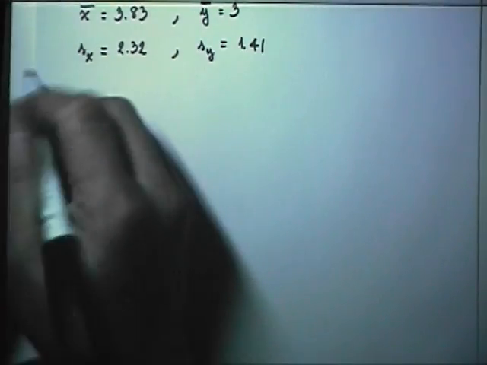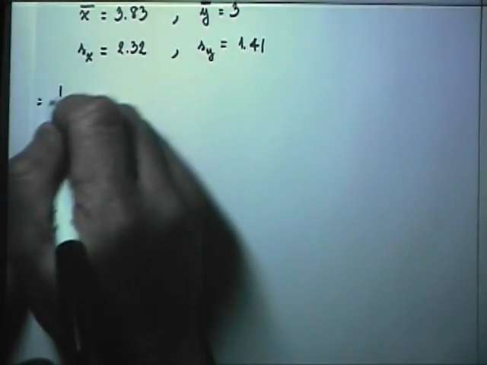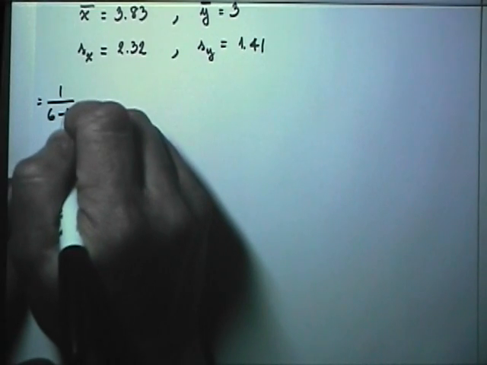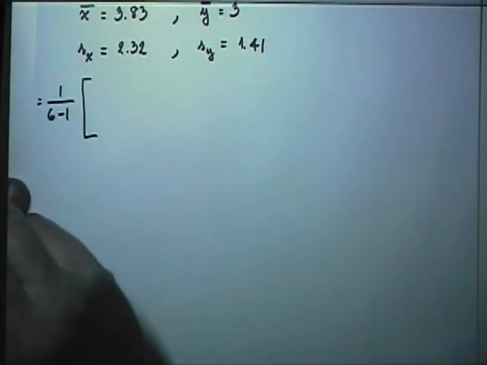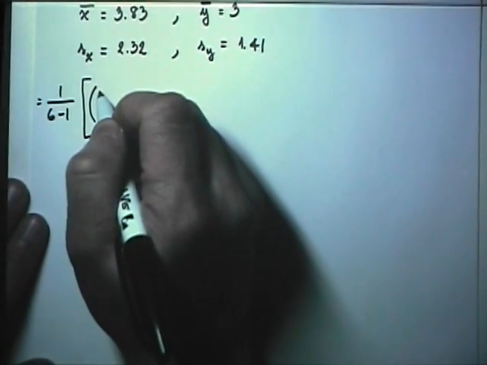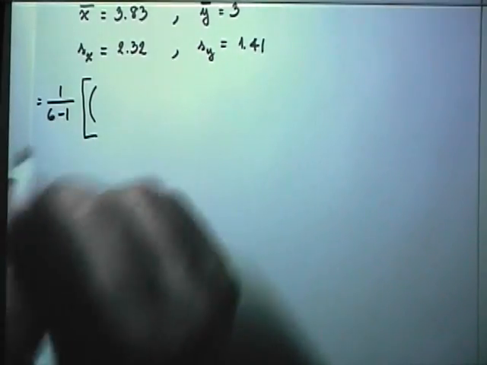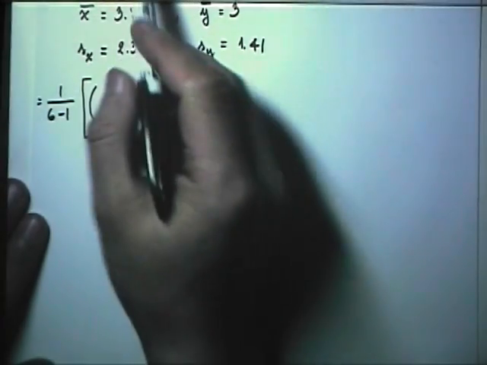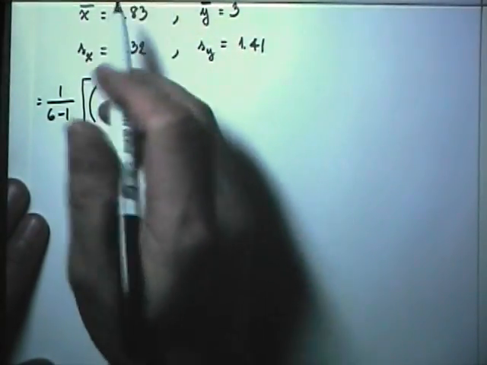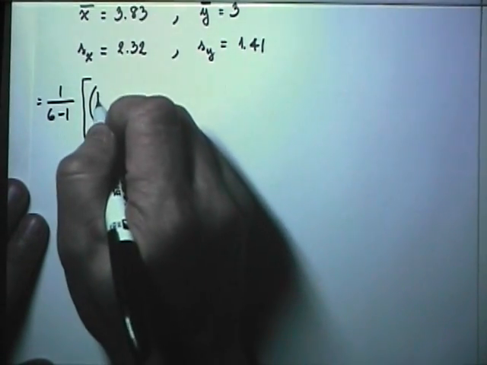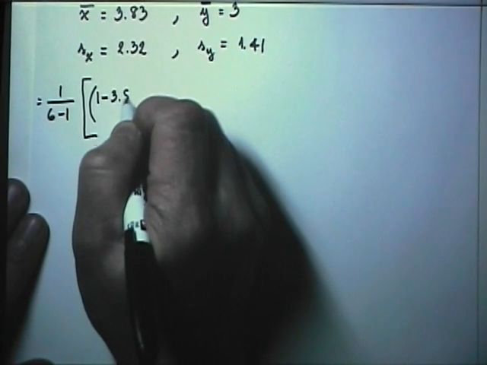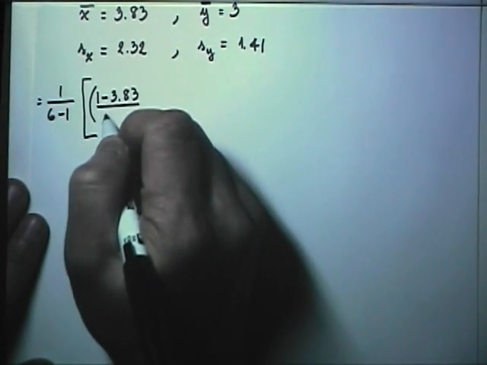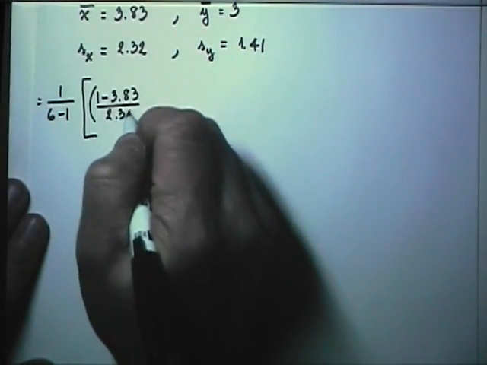To find the correlation, I'm going to do 1 over 6 minus 1, and then open big square brackets. The whole point of the formula is that I go through each pair of data. My first pair of data has 1 for x, so I subtract the mean for x, which is 3.83, and divide by 2.32.